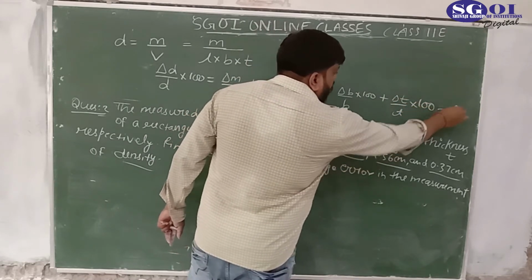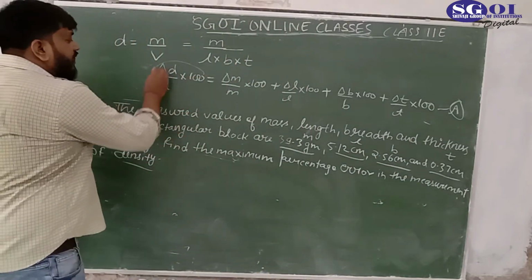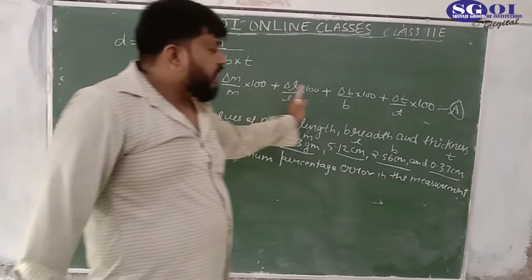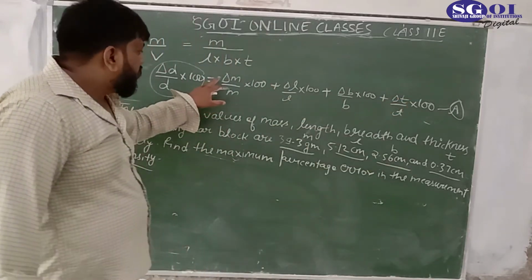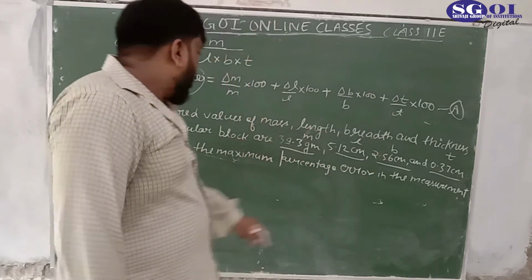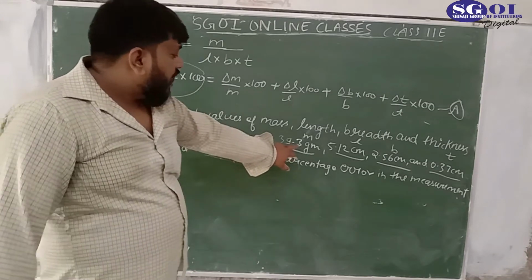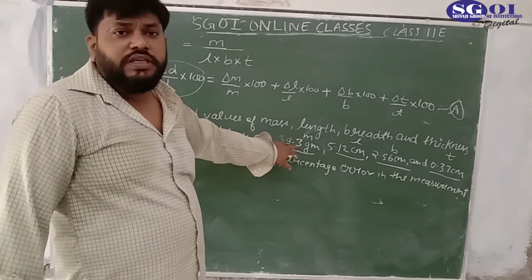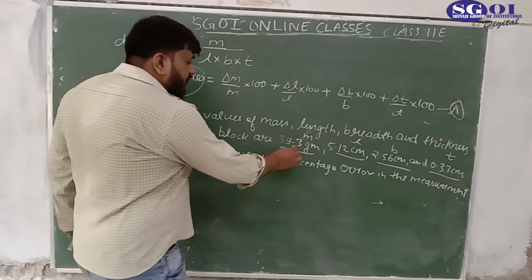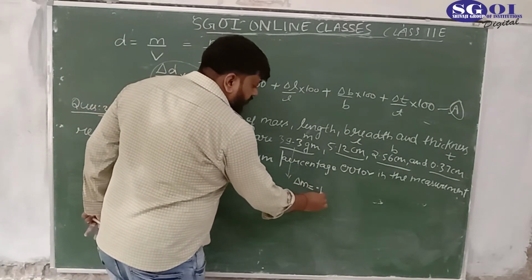This is equation A. We need delta m, delta l, delta b and delta t, which are not given, but the values are up to one decimal place, so the least count error is delta m equal to 0.1.